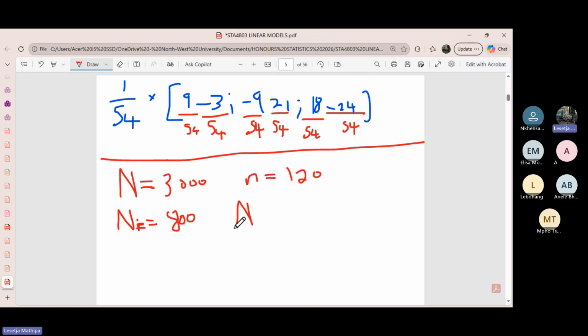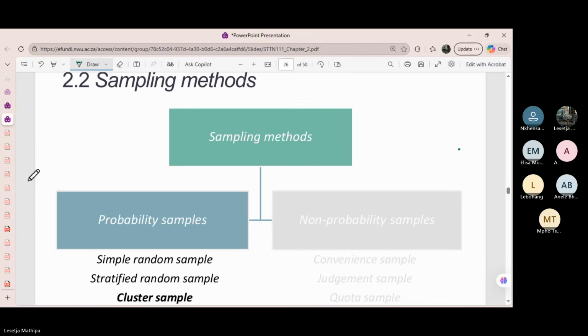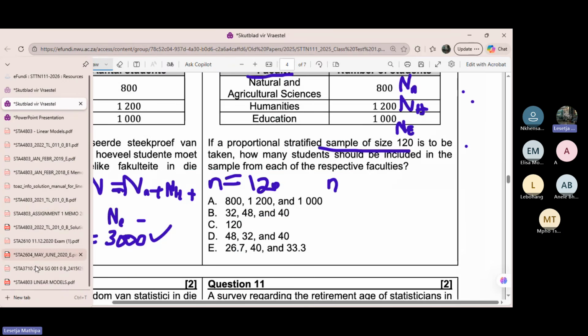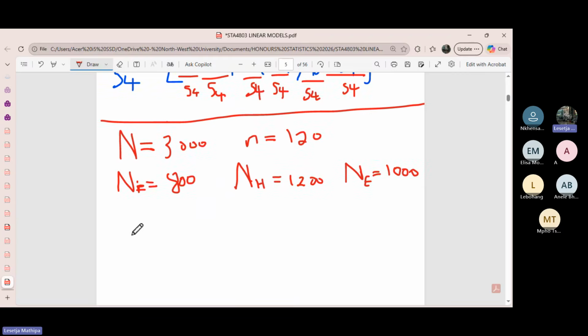Then capital letter N for humanities, let's put H, is equal to 1,200. Capital letter N for education is equal to 1,000.